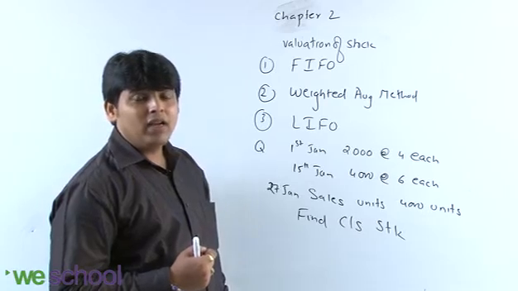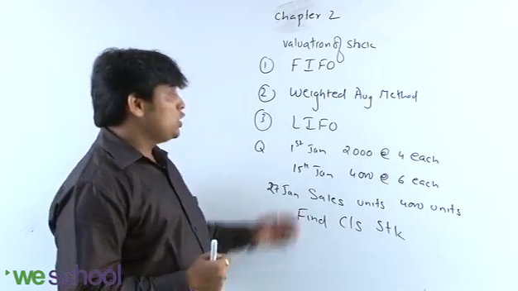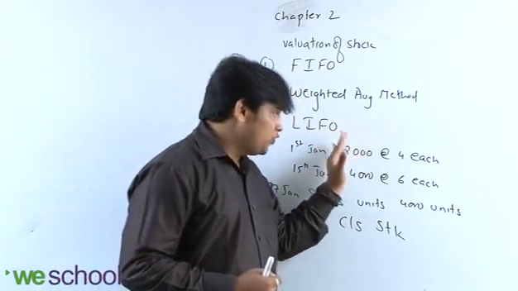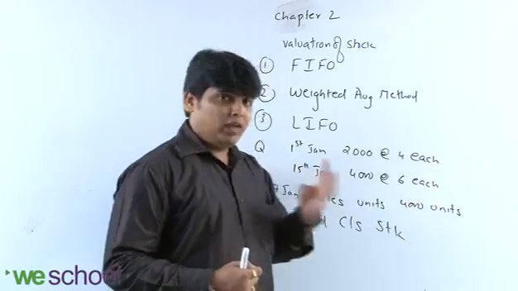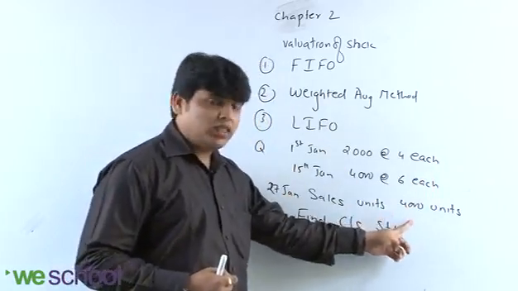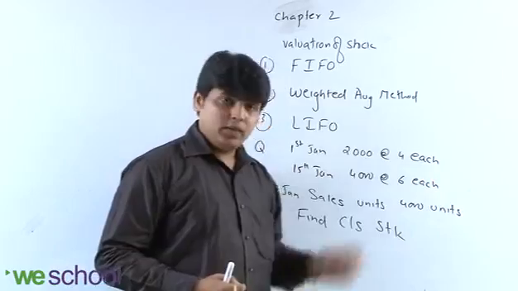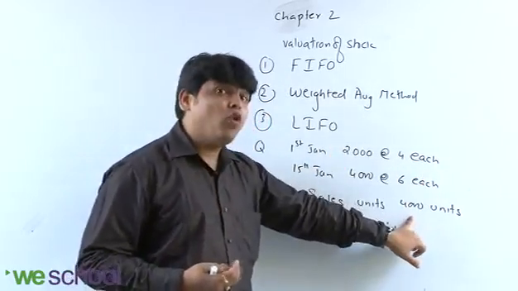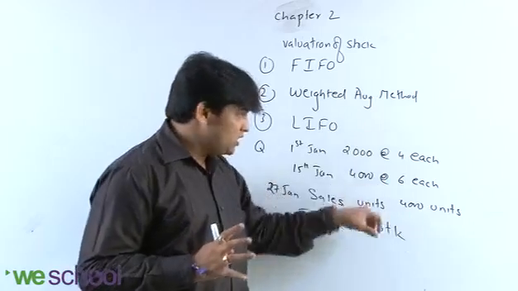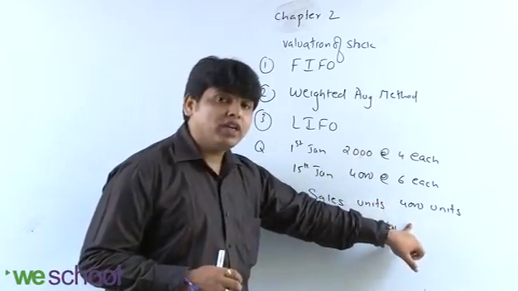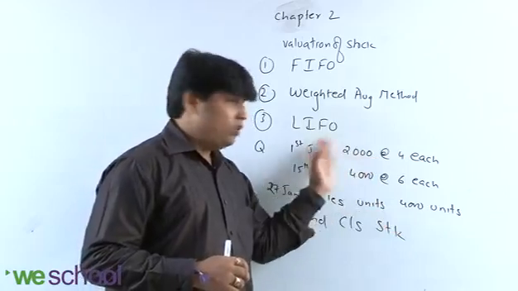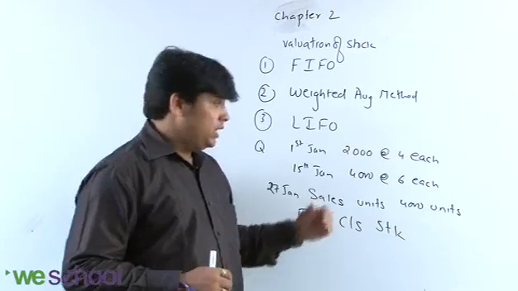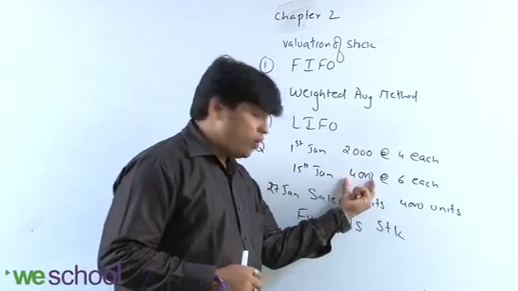According to this concept, I have to sell the goods first from this lot. So for selling 4000 units, I will remove this 2000 first. Out of 6000 stock, I have to sell 4000 units. After that, the remaining 2000 will be sold from this stock.